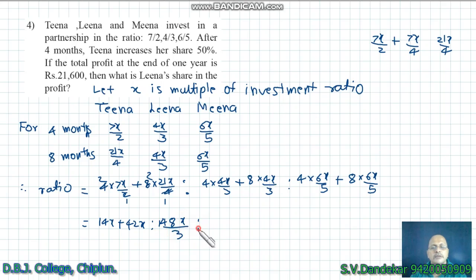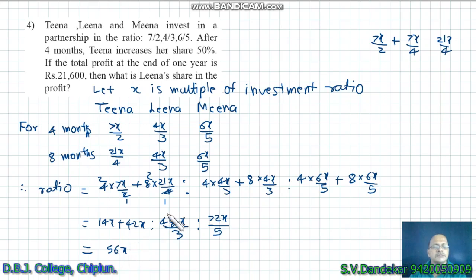upon 3 is to, this is only 42, 48x upon 3 is to, now here 24 plus 48, 72x upon 5, that is 56x.